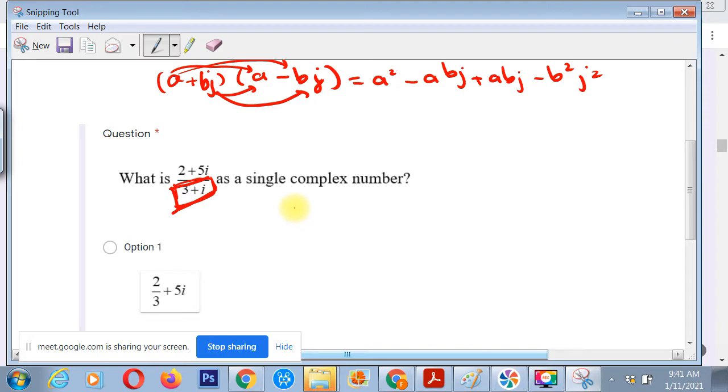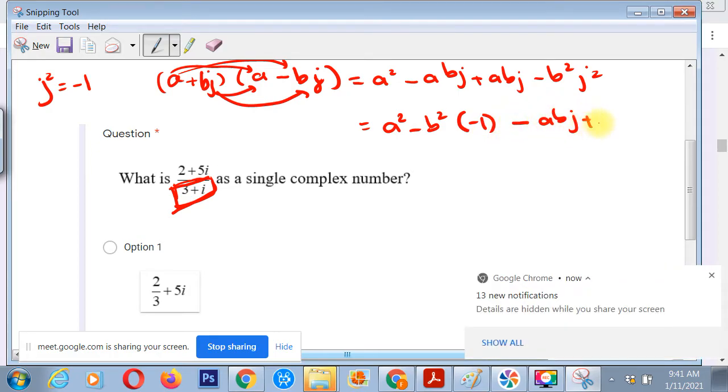Okay, b square j square. Now j square, we know that j square equals negative 1. So what we'll have is a square minus b square times negative 1, minus abj and then plus abj, so we will get 0 here.